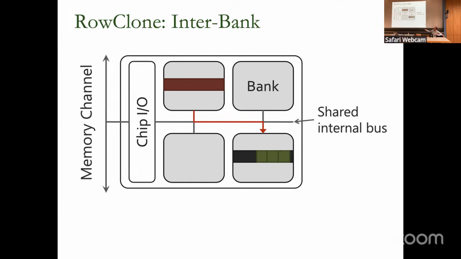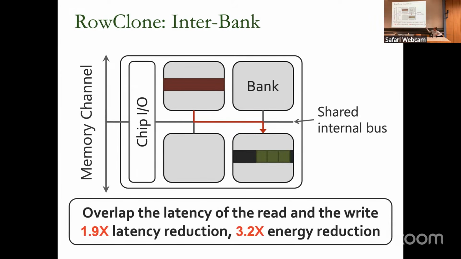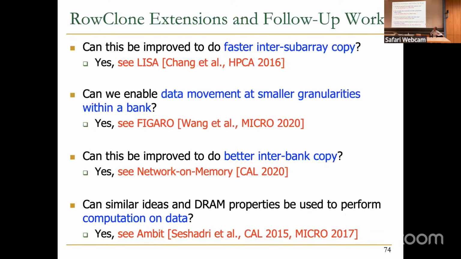And normally when you write the data to the DRAM chip, it comes from the memory channel to here. You just need to get it from there, right? So essentially all the circuitry is there, except the DRAM is not capable of being used in this way. Okay, so we show in the paper that you can get significant latency and energy reduction for this sort of copy as well. This could be improved also with some changes to the DRAM microarchitecture.